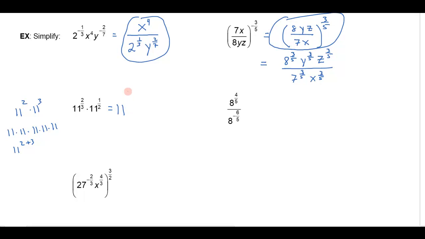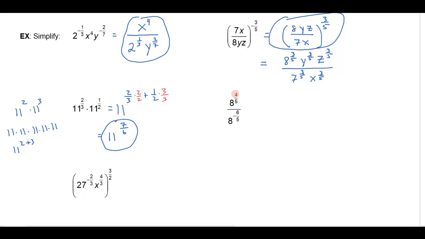So this would be 11 to the 2/3 plus 1/2. And you notice I left a little space here because I want to get a common denominator. I'll multiply here by 2 over 2, here by 3 over 3. So that's going to give me 11 to the 4 plus 3, that's 7/6 power. Okay, so I just add the exponents.